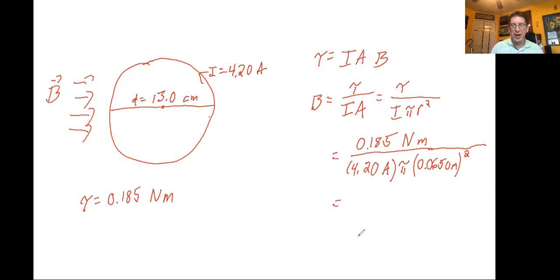So that's 0.185 divided by 4.2 divided by pi divided by 0.065 meters, and you're squaring that term. And you get a magnitude for the magnetic field, and this is to 3 significant figures with what we have, of 3.32 Tesla.